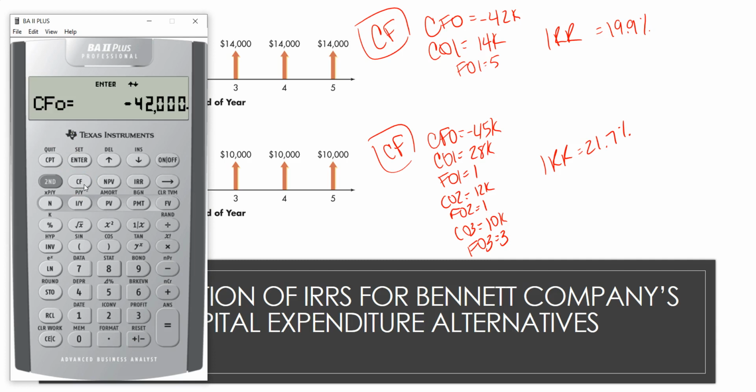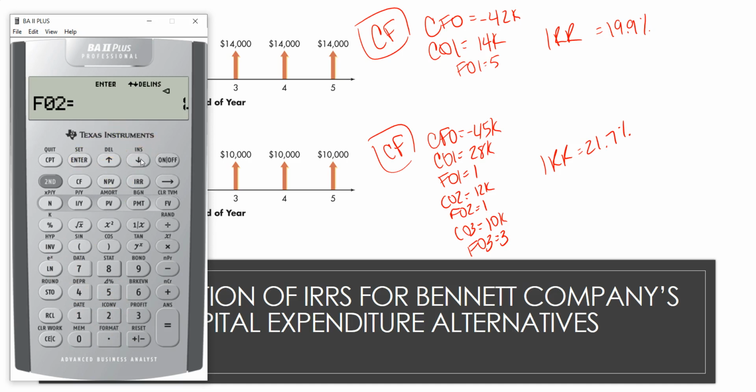So let's work that on our financial calculator. First, push the cash flow register button. Then second, clear work. Cash flow at time period 0, this project cost us $45,000, so enter to save. In year 1, it returns $28,000, enter to save. That occurs once. Cash flow at time period 2 is $12,000, enter to save.